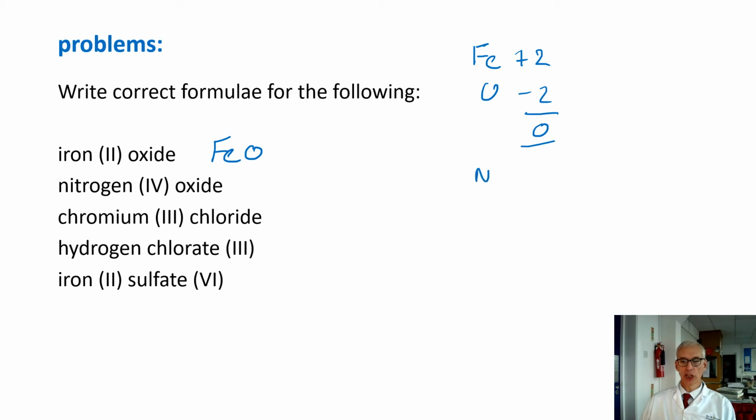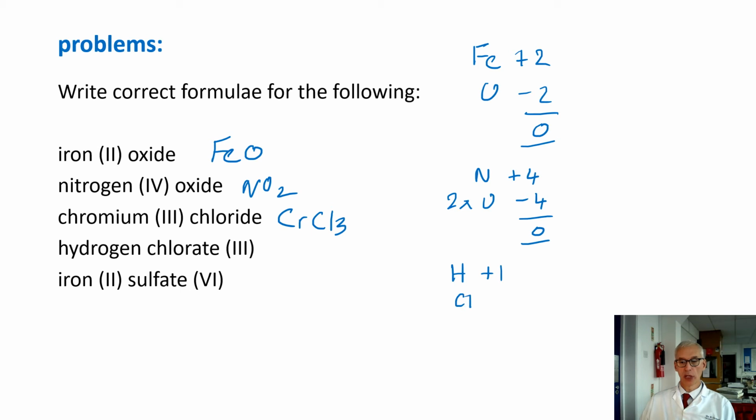Well, nitrogen, we're told, is +4. That's in the name. So we need 2 oxygens so that the oxidation numbers sum to 0, NO2. Chromium 3 chloride. Well, chromium will be a +3 ion, so we need 3 chlorides to sum to 0. Hydrogen chlorate, so hydrogen is +1.